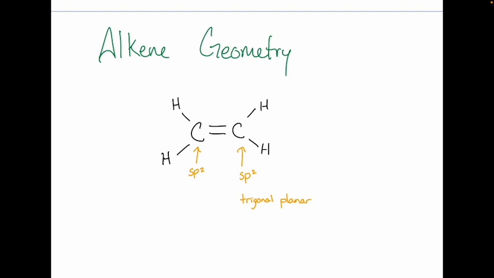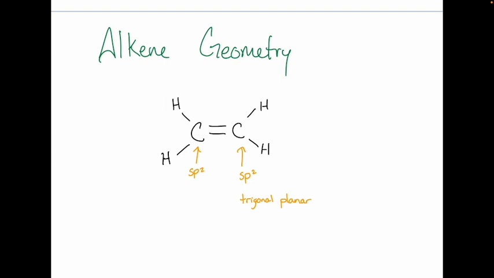If I build the structure of this molecule here, each one of those carbons has this trigonal planar geometry. So all 6 of these atoms actually lie in one plane. If I did one slice, I would go through all 6 of the atoms in this molecule.